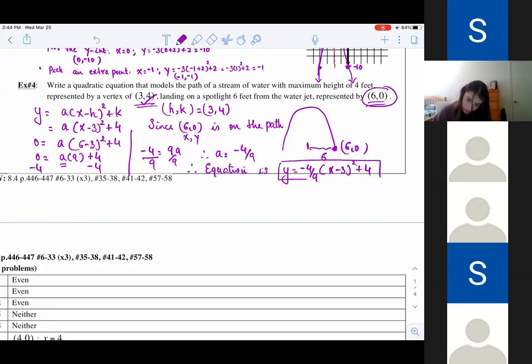This is your equation: -4/9 parentheses X minus 3 quantity square plus 4.